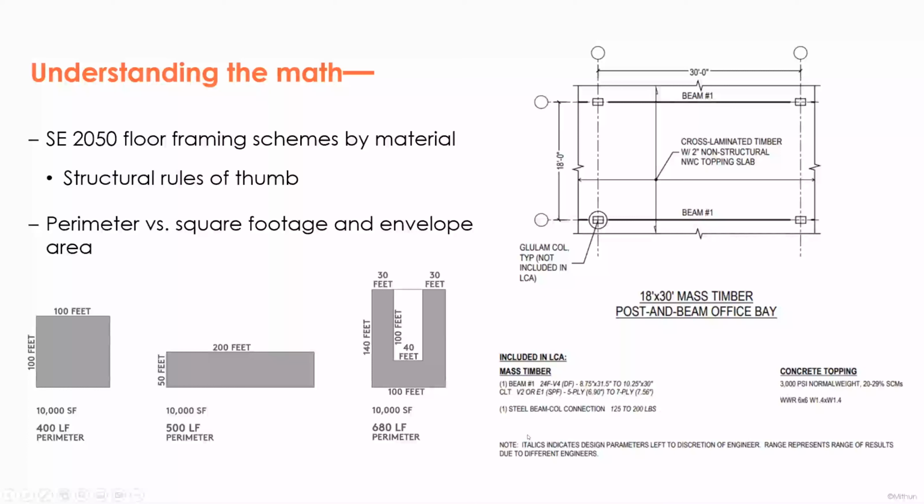If you imagine these as little floor plates that are extruded, obviously here your 680 or 700 linear foot perimeter is going to give you a much higher area of cladding than this 400 linear foot perimeter. So we're trying to come up with these ways to really differentiate and add precision to the calculator upgrade.